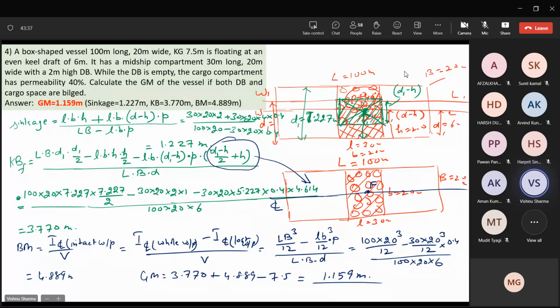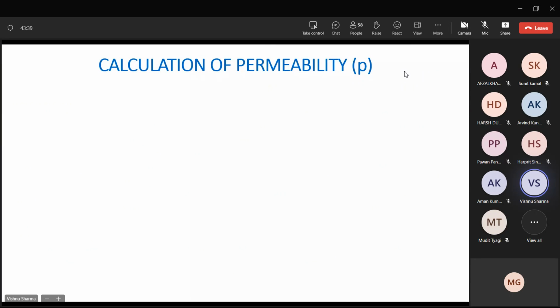Okay, we continue with this, and now we come to some more things which probably were not covered yesterday. In some of your MMD questions, the permeability, which was given yesterday as 80% or 40% or whatever, is not given directly.